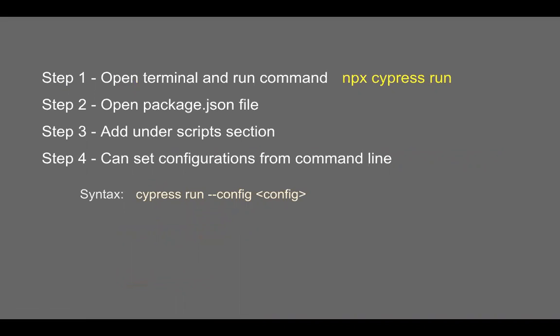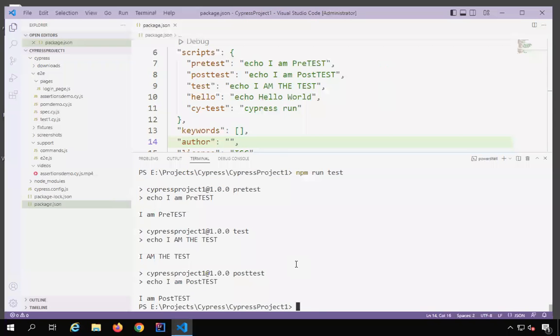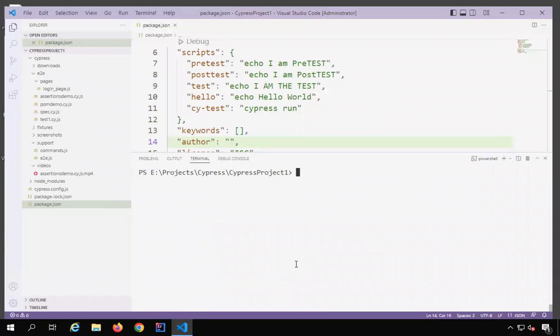So you can use the option -c or --config, something like this. You can say Cypress run, and then you can say --config and set the configurations here. So here, let us say I want to run, I'll just clear the terminal, and I will say npx Cypress run.